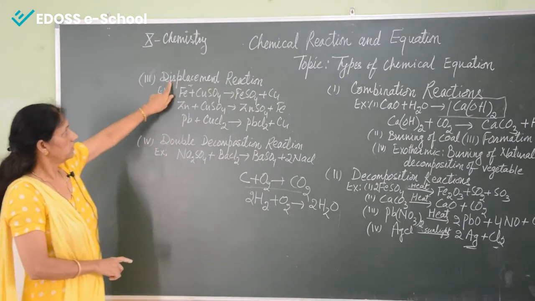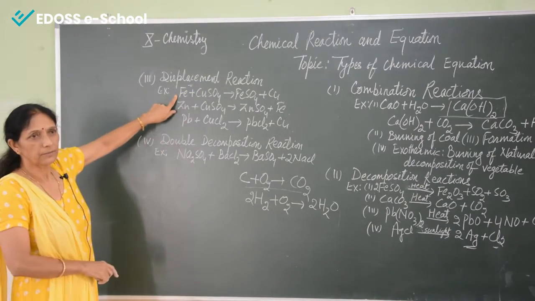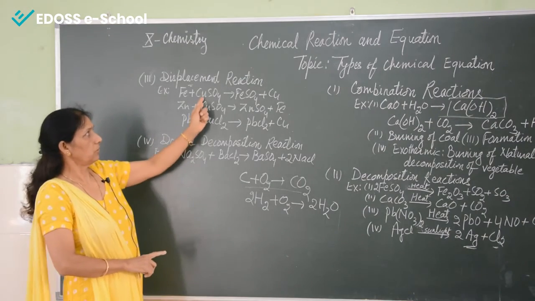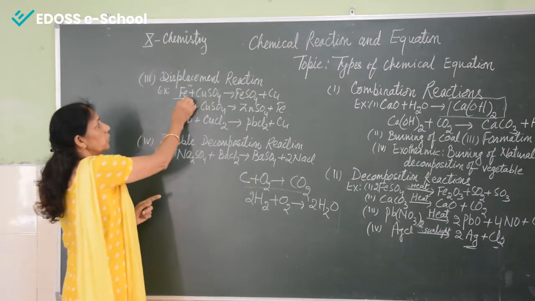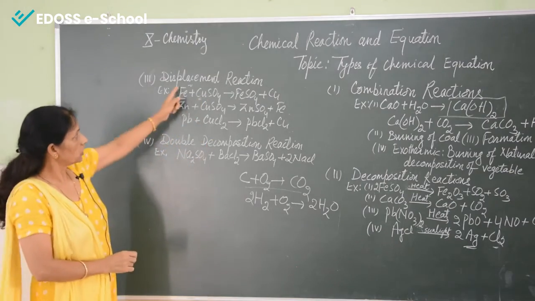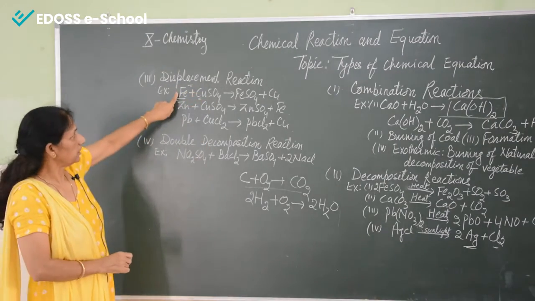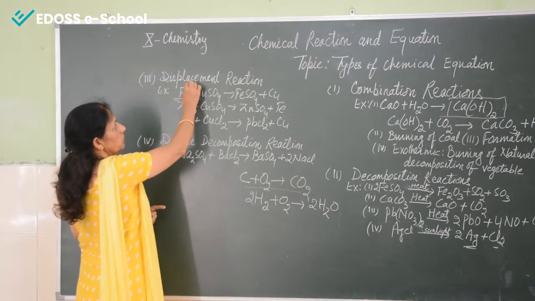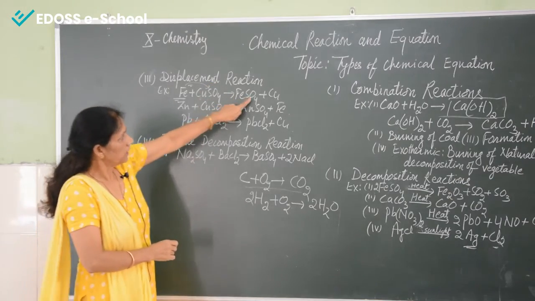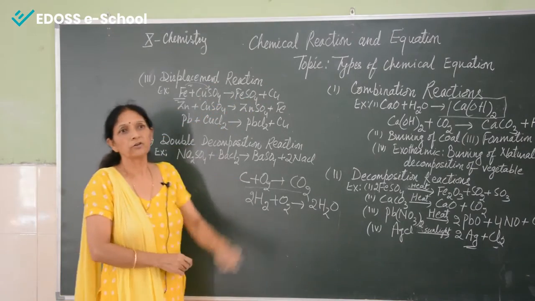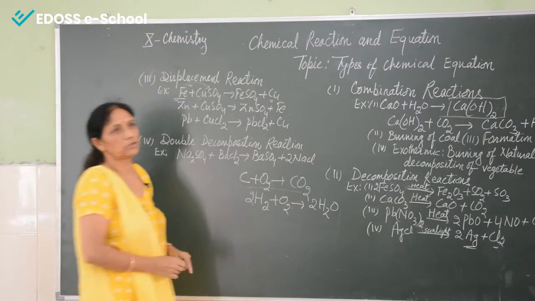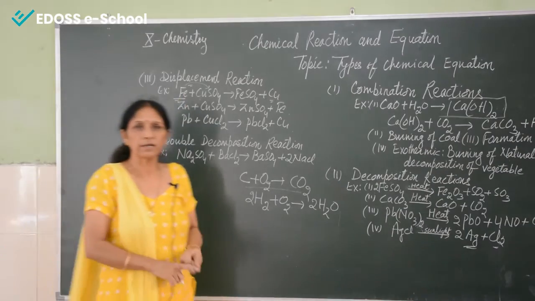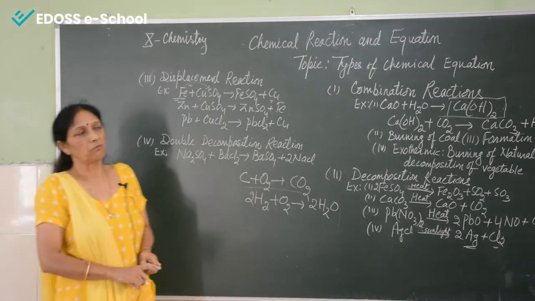Now see here, this is iron and this is copper sulfate. When iron is dipped in copper sulfate solution, because iron is more reactive than copper, displacement occurs. Iron displaces copper from copper sulfate, forming iron sulfate, and copper is given out. More reactive metal displaces less reactive metal.